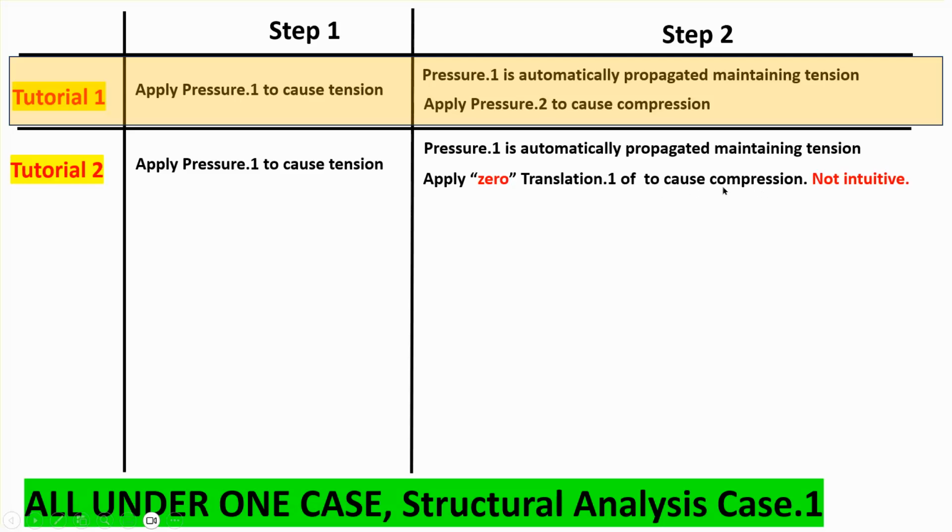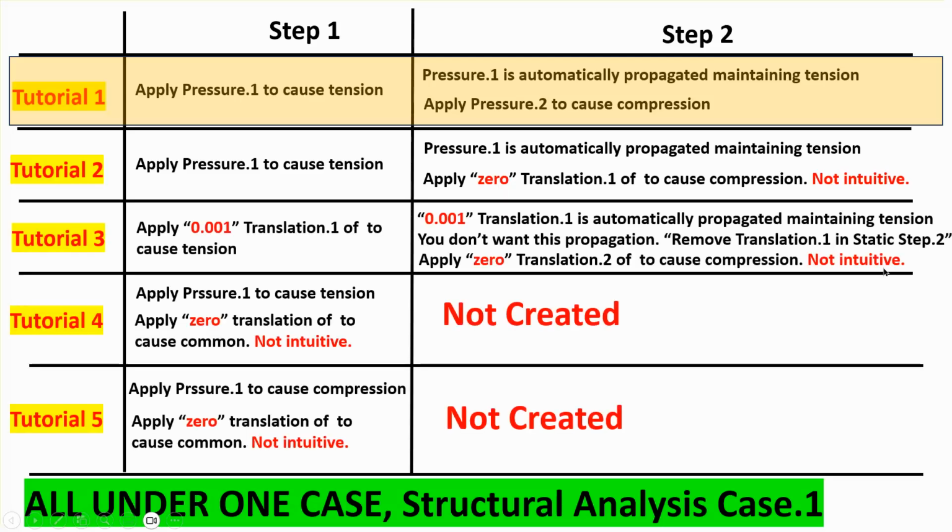Obviously, this is essentially going to compress that. You might wonder, why is zero going to compress that? You'll see, that's the whole point of these videos. This is not intuitive, and I will show you what happens if you think that maybe you should have applied negative 0.001.